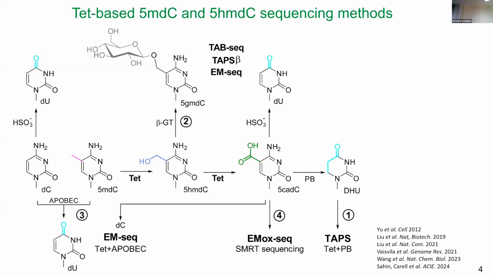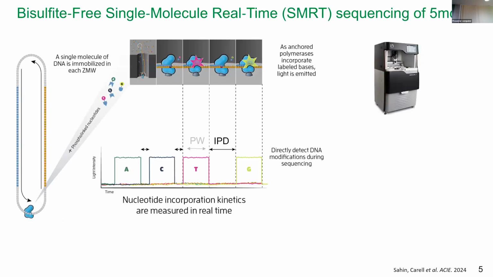With this, if you oxidize all methylcytidines to carboxycytidine, you can use single molecule real-time sequencing with these PacBio sequencers to identify the position of carboxycytidine directly. And how does this method work?